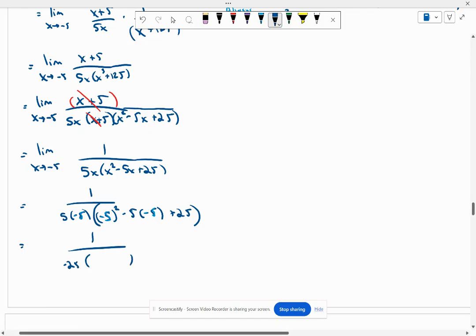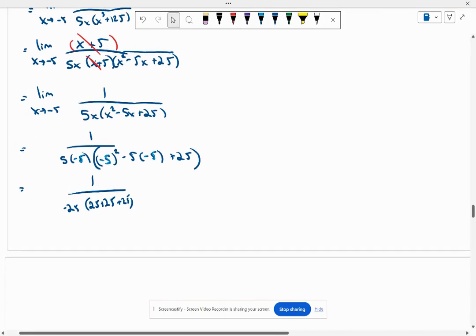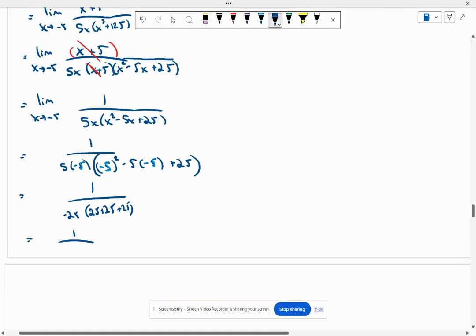And then here, -5 squared is positive 25. -5 times -5 is another positive 25. And there's just another 25 there. So this is 1 over -25 times 75, which is -1 over 1875, I think.